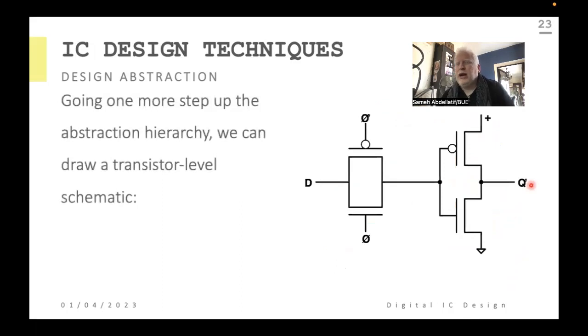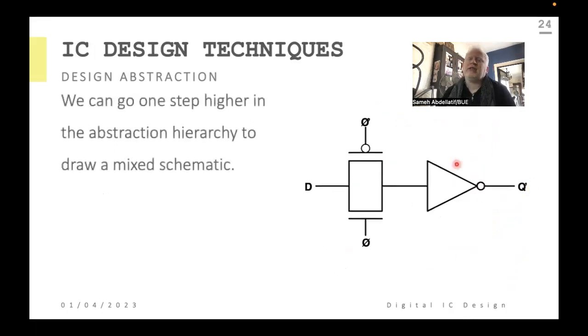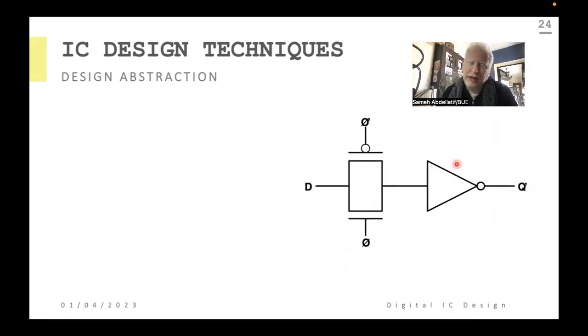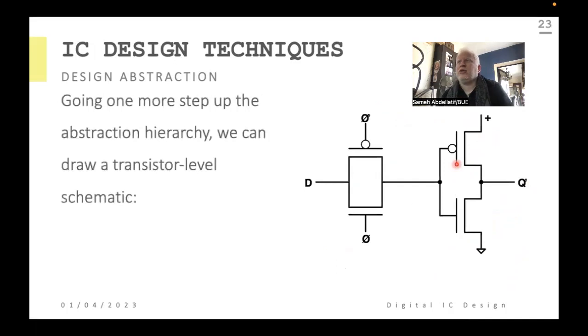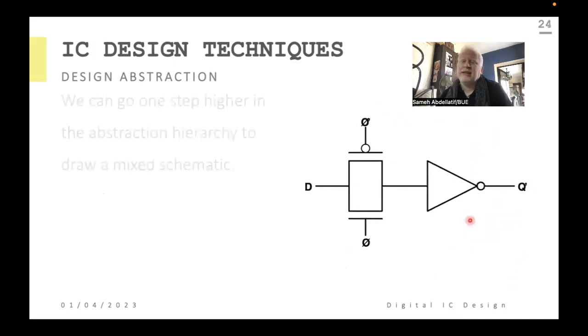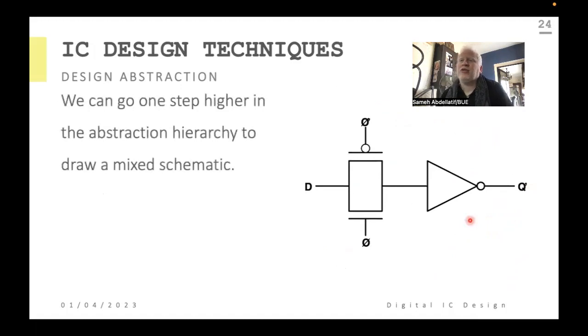And finally, I think most of you already know this normal transistor-level schematic for the inverter, as you can see. And the final stage is the gate level, where instead of expressing this inverter in terms of a PMOS and an NMOS transistor, you can see it as a single gate with one input and one output.